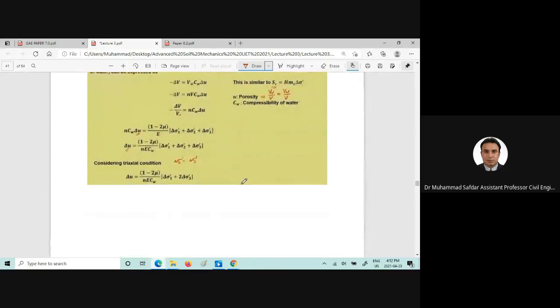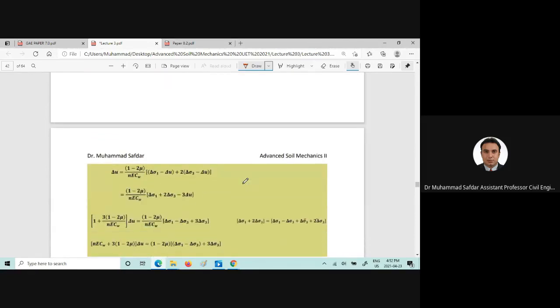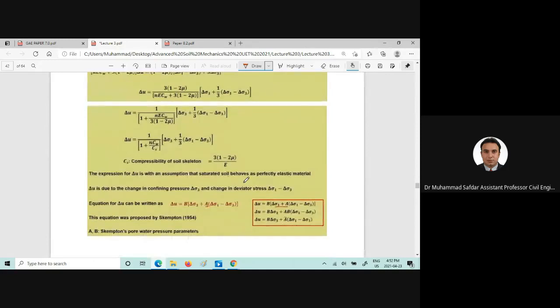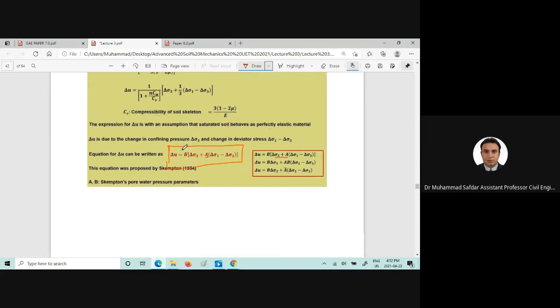The derivation is there, and I will go to the main equation, which is of interest to us as geotechnical engineers. This equation was derived by Skempton, and he named these the B and A parameters.